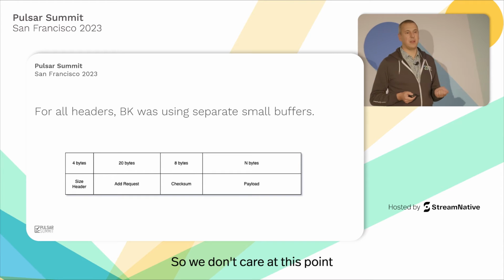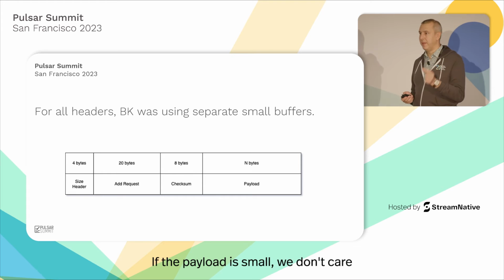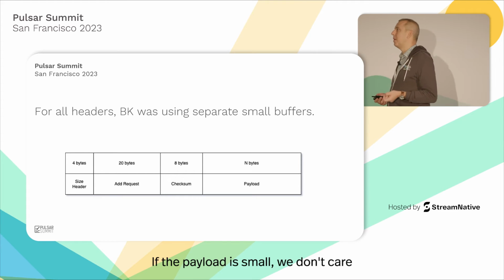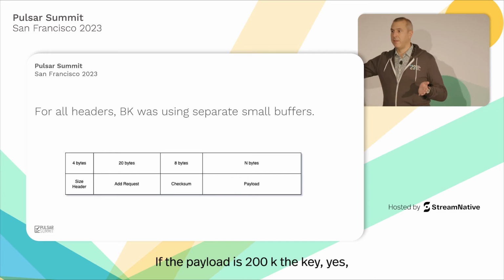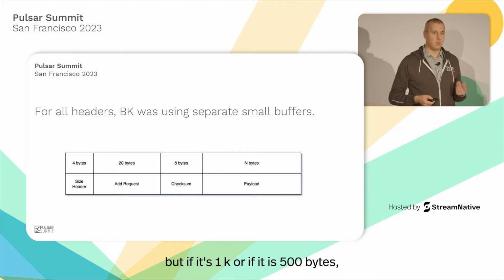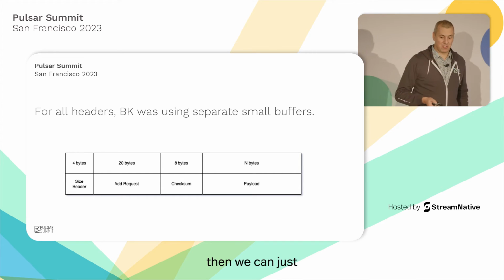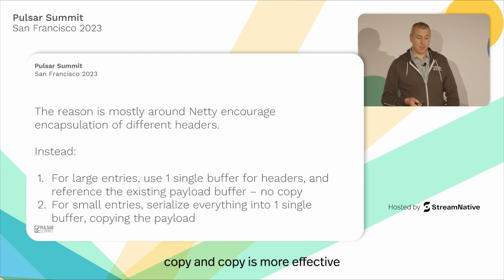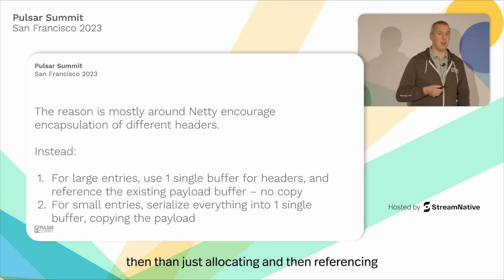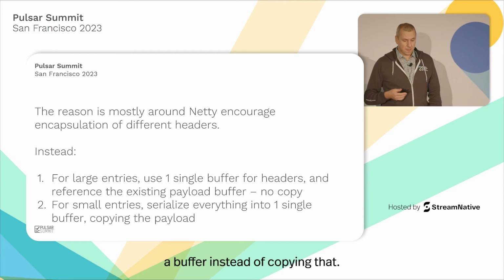So we don't care at this point about copying the payload. If the payload is small, we don't care about copying it. If the payload is like 200K, yes, we don't want to copy it. But if it's 1K or 500 bytes, then we can just do a copy. And a copy is more effective than allocating and then referencing a buffer instead of copying it.